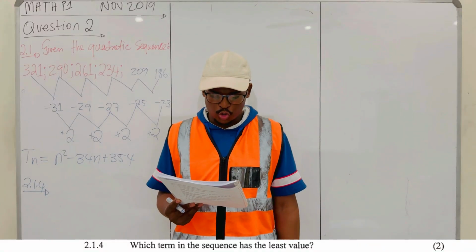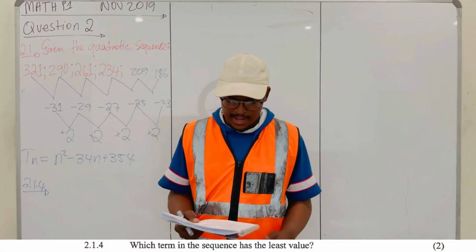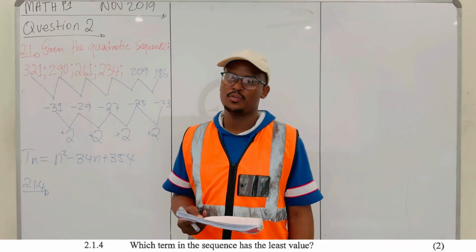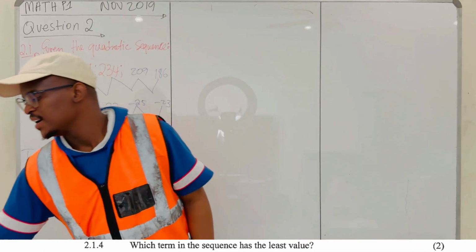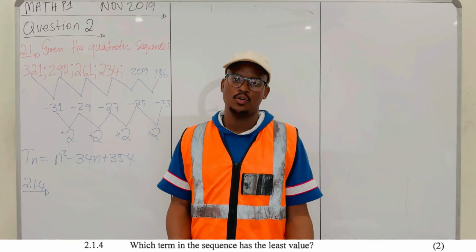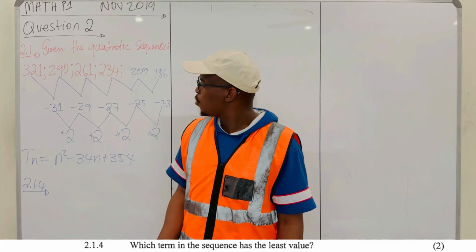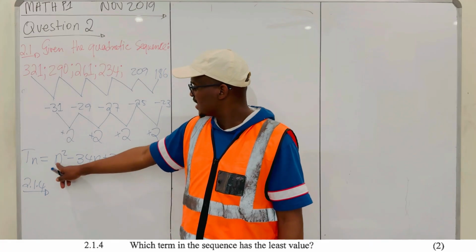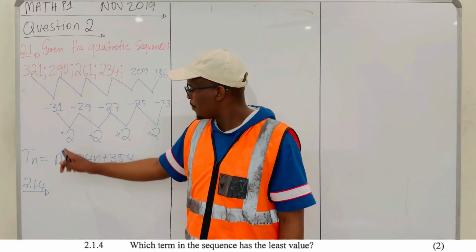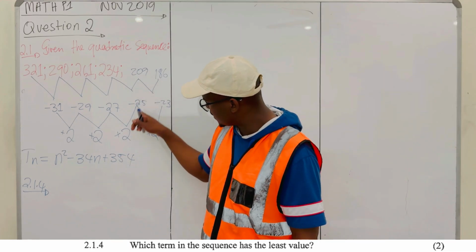Okay, so now we're doing 2.1.4. They're asking which term of the sequence will have the least value. So they want the position of the term that will have the lowest value. This resembles a quadratic function, a parabola, which has a shape like this.